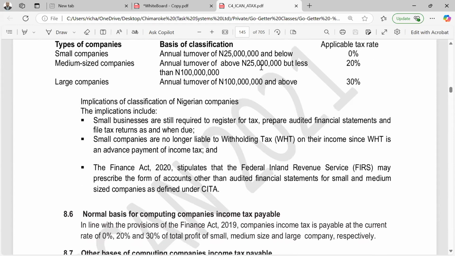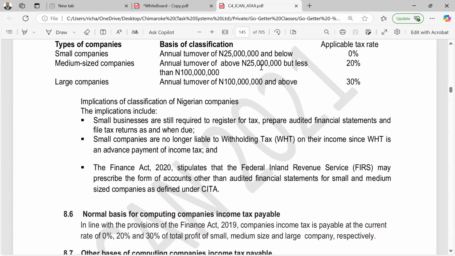So, implications of classification of Nigerian companies. Now, small businesses are still required to register for tax and prepare audited financial statements. Now, why are they required to register for tax even though they're not paying tax? This is because any moment their income can increase and enter the threshold for taxation.